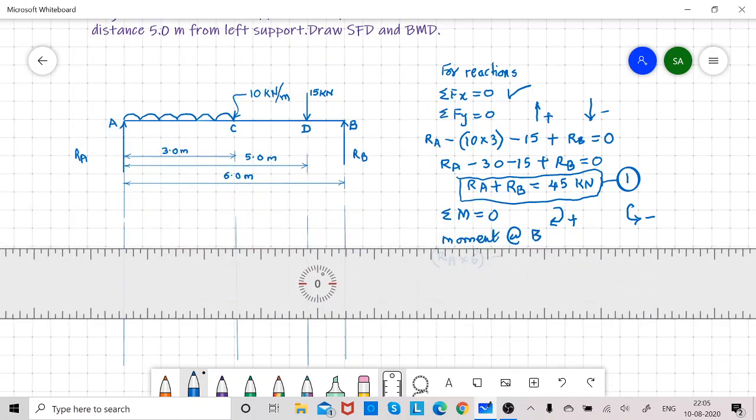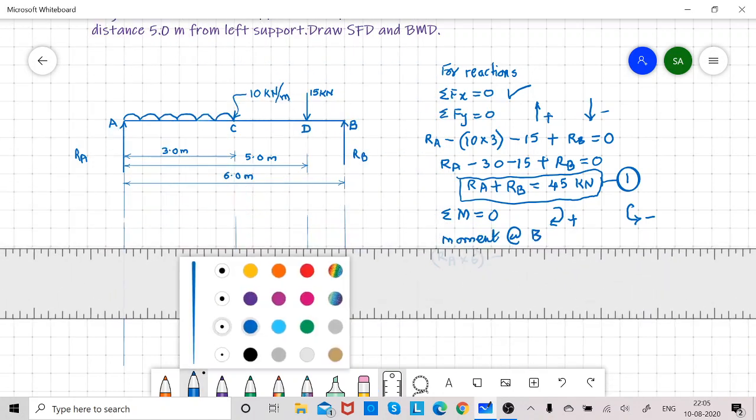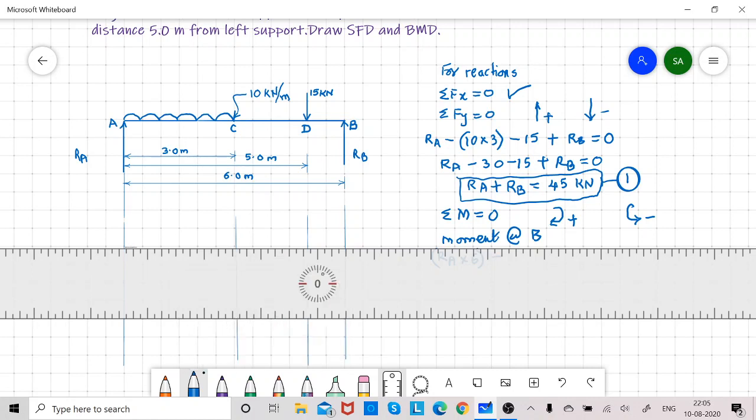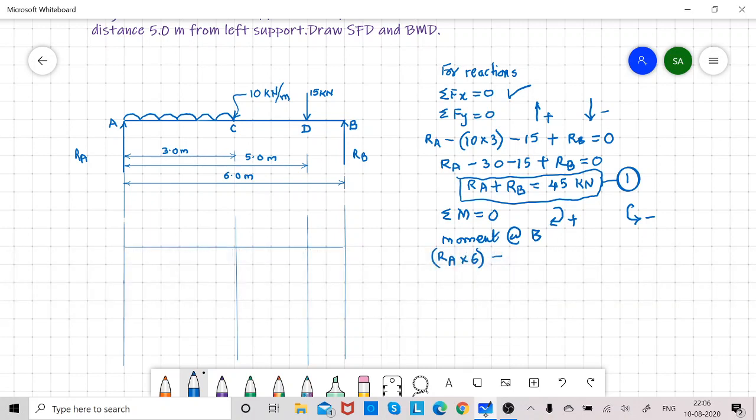For that, what I am going to do is consider this beam and the total UDL. Remember the total UDL, which is 10 into 3, that is 30 kilonewton, is assumed to be acting at the center of the UDL length.